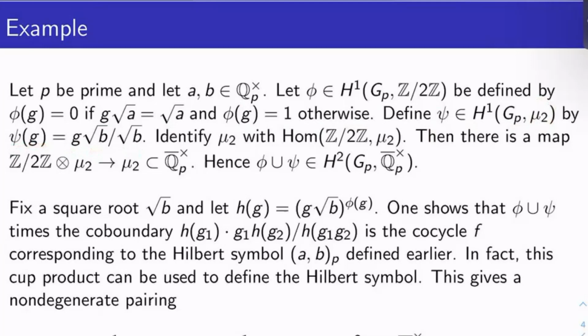Of course, you can identify mu_2 with Hom from Z/2Z to mu_2. And so this gives a map from Z/2Z tensor mu_2 to mu_2, and mu_2, of course, lives in Q_p bar cross. So then, because we have a map from this tensor product to mu_2, phi cup psi will be in H^2(G_p, Q_p bar cross), by the theory we just discussed above.